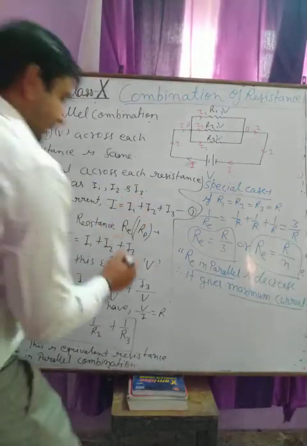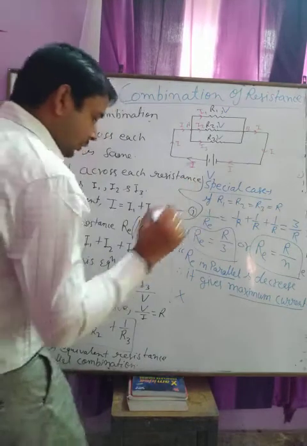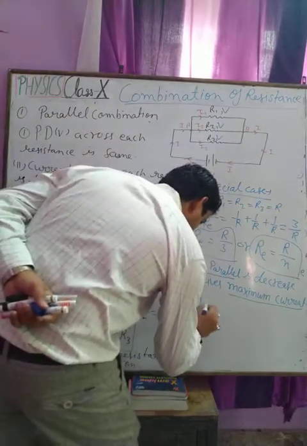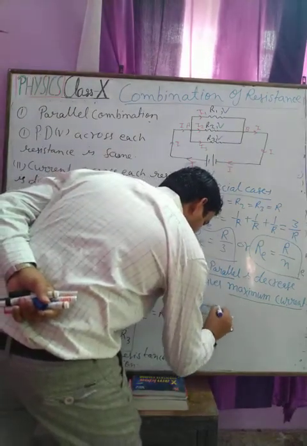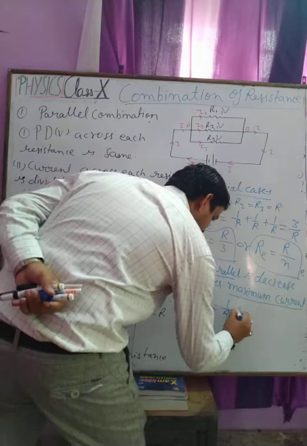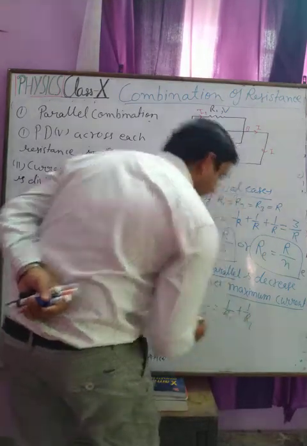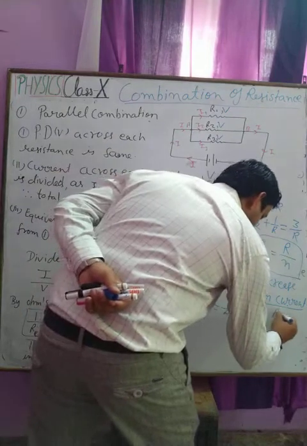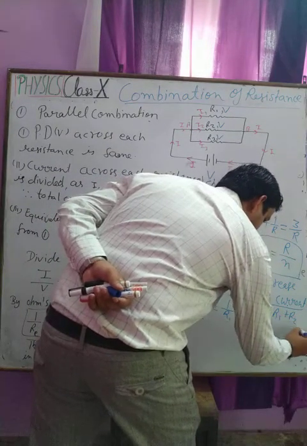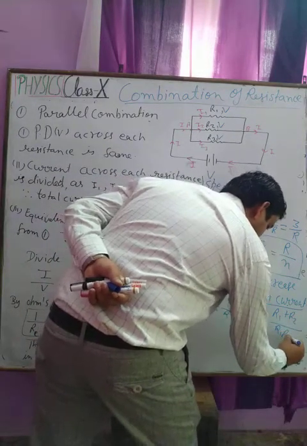Okay, now we are taking a rule for two resistors. 1 upon Re is equal to 1 upon R1 plus 1 upon R2. After taking LCM we are getting R1 plus R2 upon R1 R2.